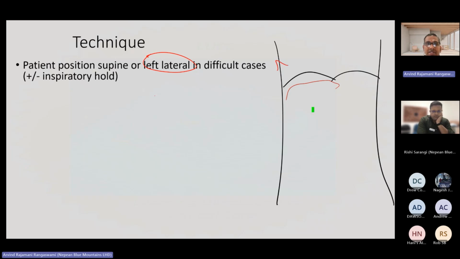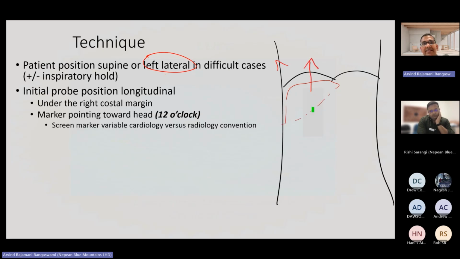Then once you have the patient, the way you hold the probe is in the longitudinal position. So the initial probe position, and remember this word initial, is always blind.